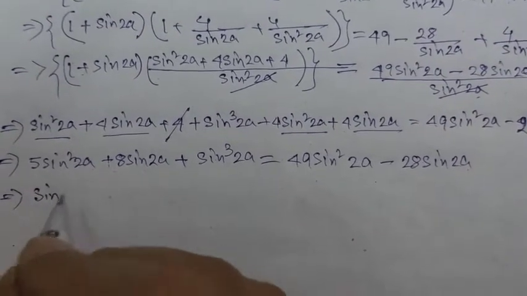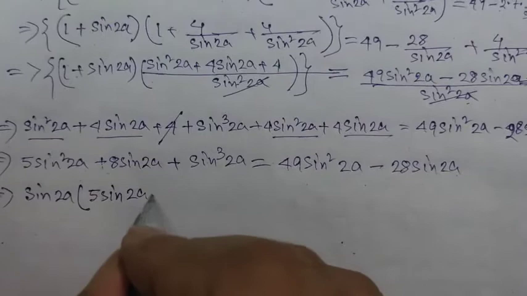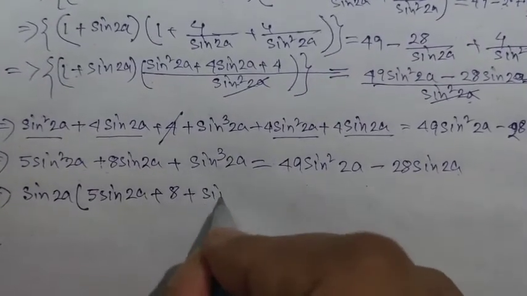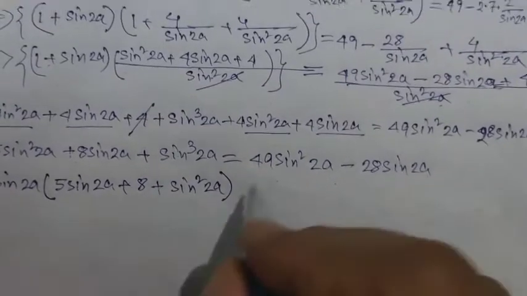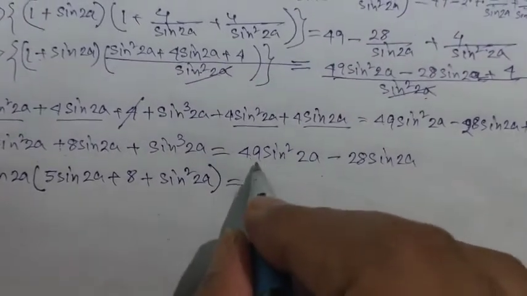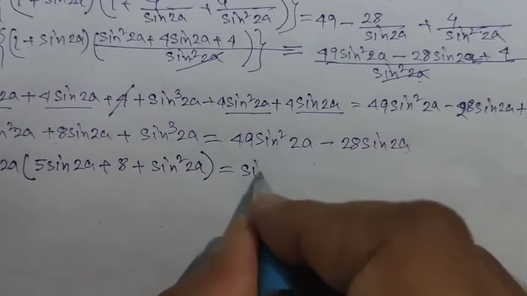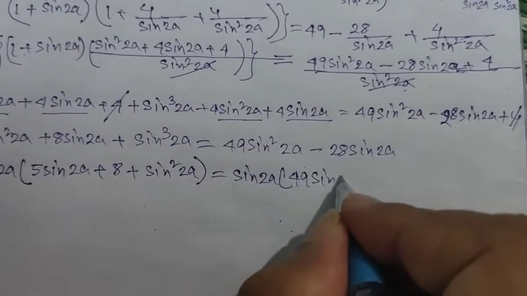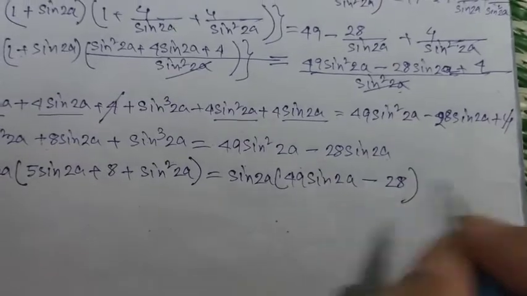So after taking sin 2A as common, we can write 5 sin 2A plus 8 plus sin square 2A. So from this expression we can also take sin 2A common. Sin 2A, 49 sin 2A minus 28 we can write.